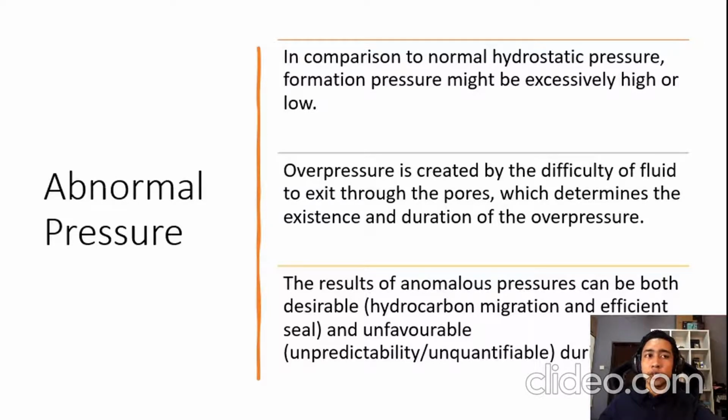The consequences of abnormal pressure may be both desirable, which is for hydrocarbon migration and efficiency, and undesirable, which is unpredictable and unquantifiable, and will lead to high risk during drilling.